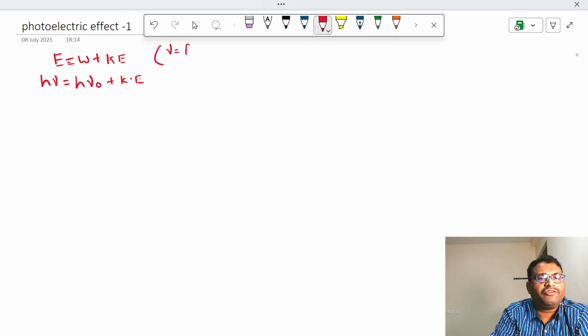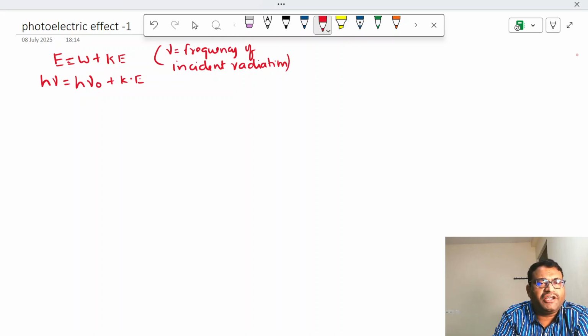Nu is the frequency of the incident radiation. Light energy is being incident on the metal. Simply speaking, the frequency of the light, the frequency of the photons.